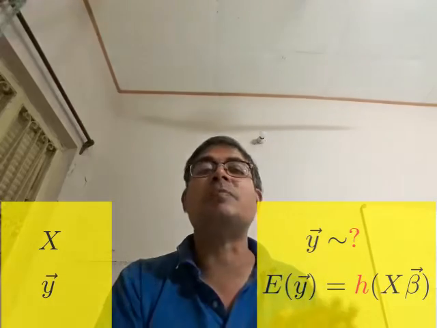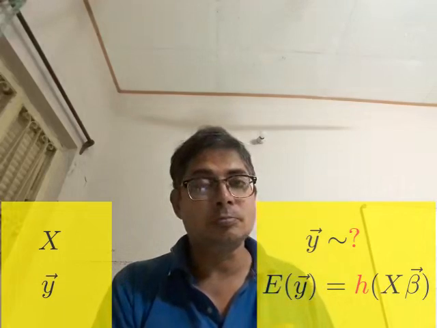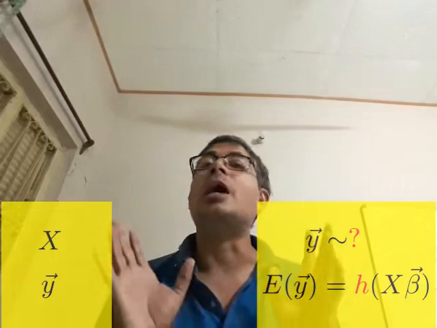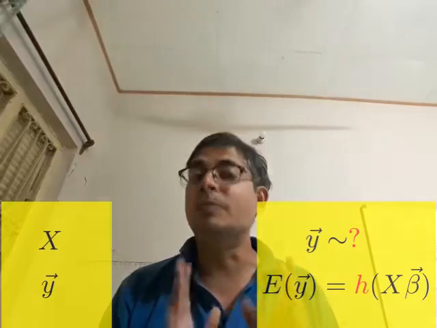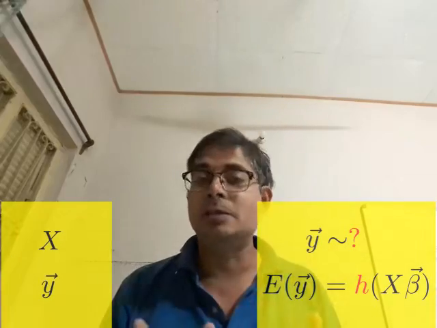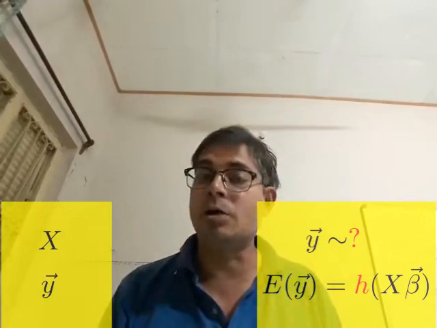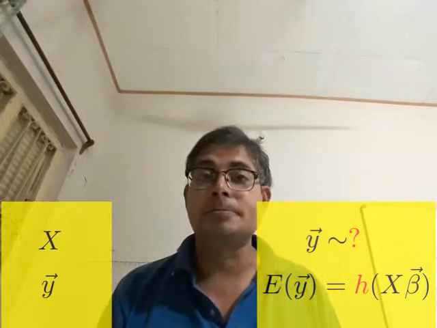We have to specify the link function. So we need to understand how to specify these 4 pieces of information before we can fit a generalized linear model using R. So let us see how we can specify those 4 pieces of information to R.